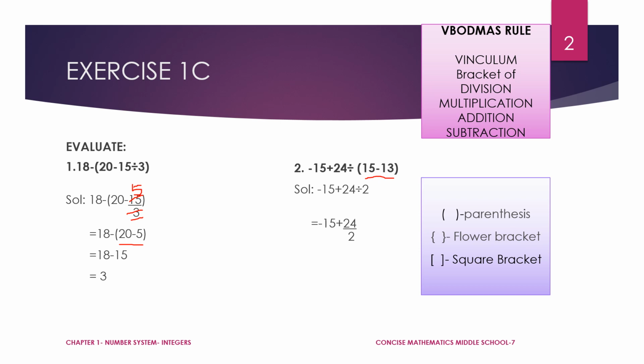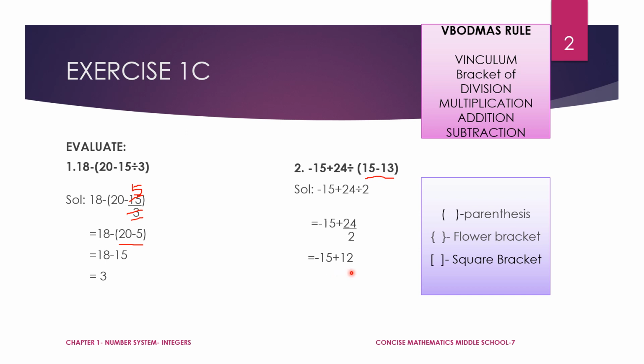Here, now just compare this with VBODMAS. Vinculum is not there, bracket is not there, division is there: 24 divided by 12. 24 divided by 12 is 2.